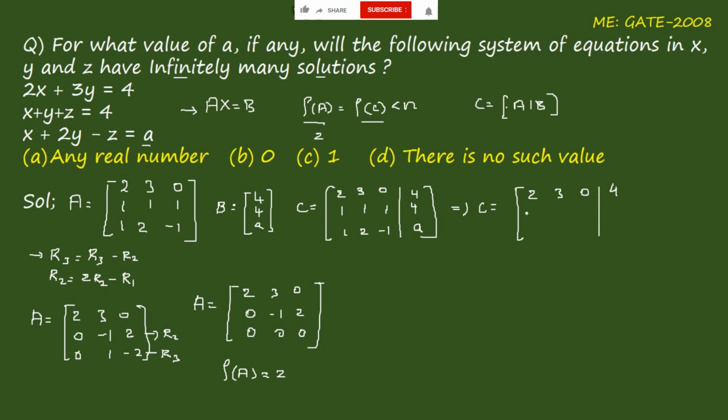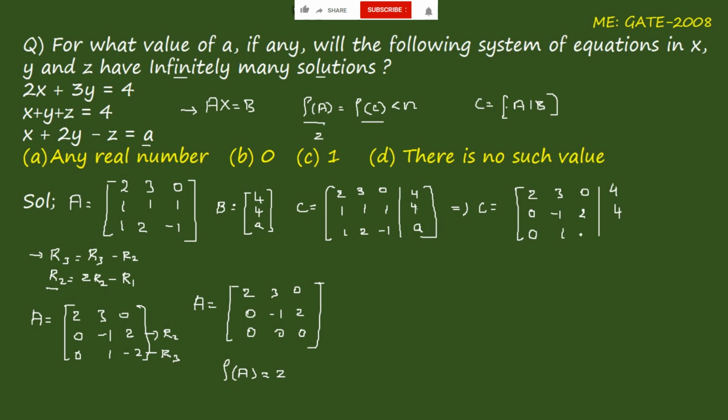Here it becomes 2 minus, we are doing the same operation, here R2 becomes 0. This is minus 1. This is 2, right? It becomes 8 minus 4, so it becomes 4 only. Again here we are subtracting these two values, so it becomes 0.